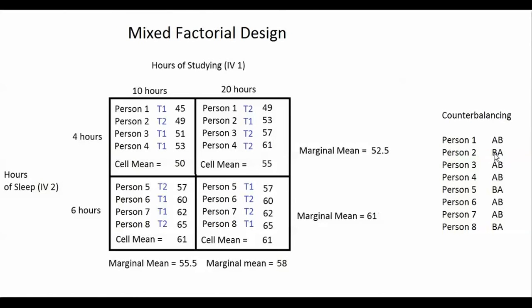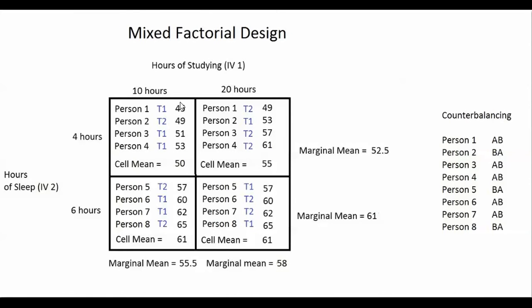Person 2 was assigned to the BA order, which meant this person studied 20 hours at time 1 and 10 hours at time 2. So for person 2, this score was at time 1, this score was at time 2. So person 2 went through these 2 conditions in the opposite order.